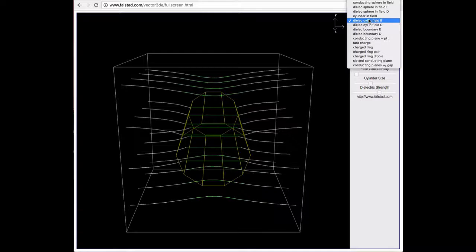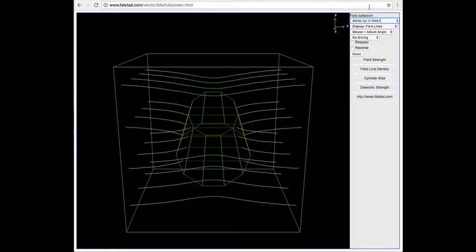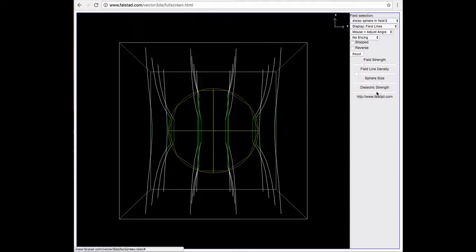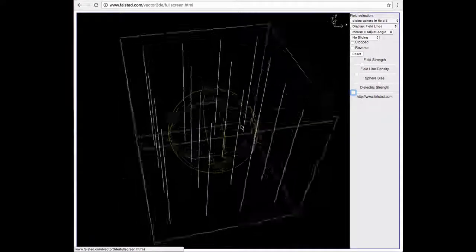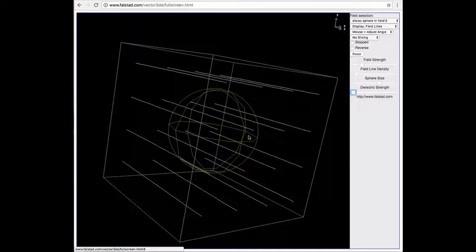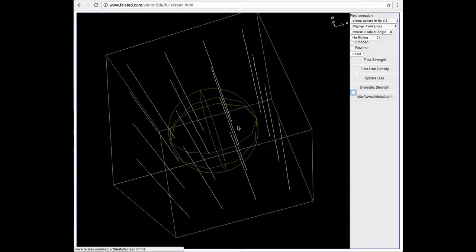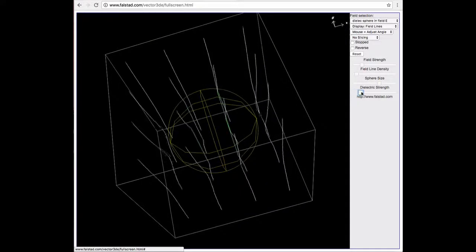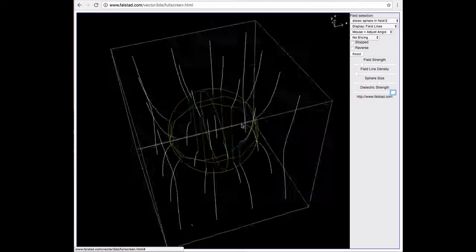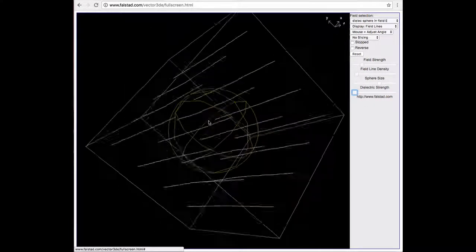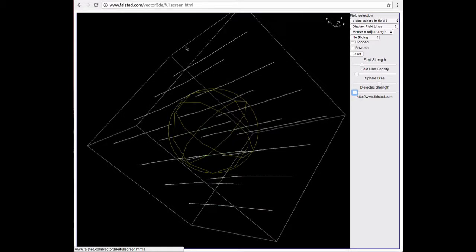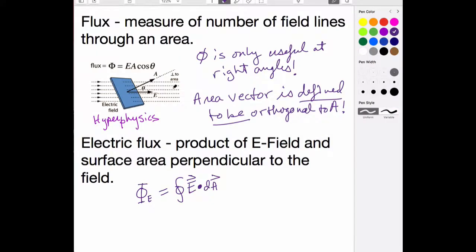Then you can switch over here to the dielectric sphere, which means you can have it not conducting electricity at all. Now you can see there's a wire frame there, and the lines are just passing right through it. And the more conducting the thing is, the more it bends the field lines, as you can see. There's obviously a lot to deal with here, but in this video, all I really wanted to get at is what in the heck I mean by flux.